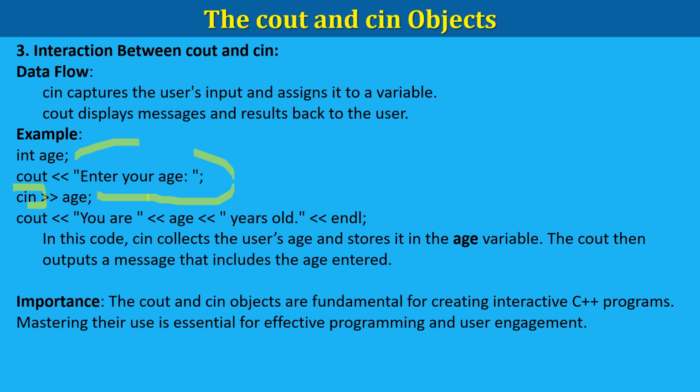The cout outputs the message that includes the user age entered. The cout and cin objects are fundamental for creating interactive C++ programs. Mastering their use is essential for effective programming and user engagement.